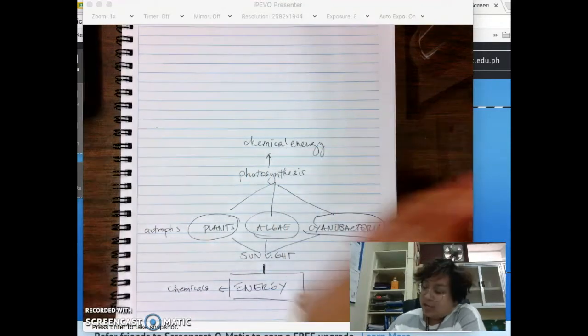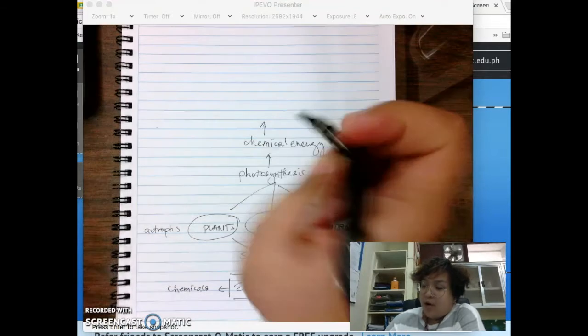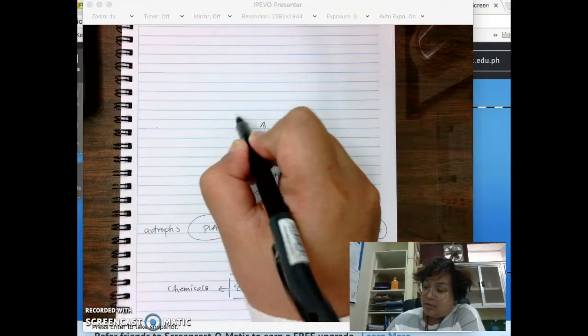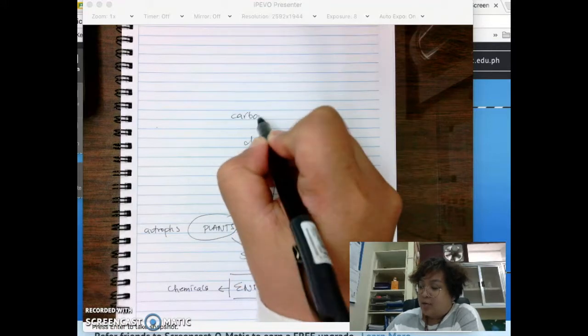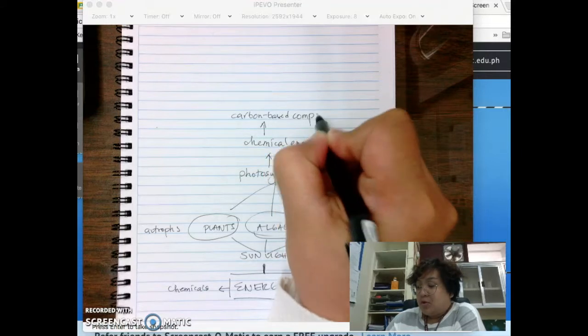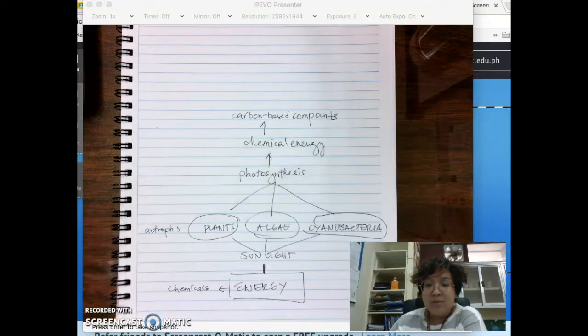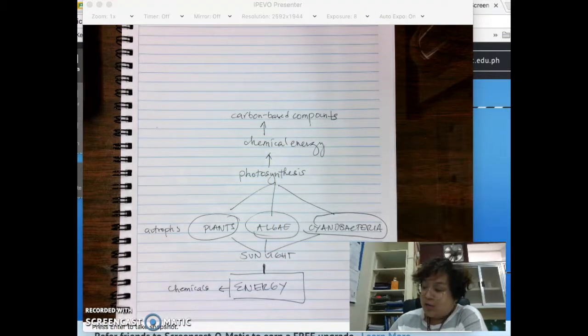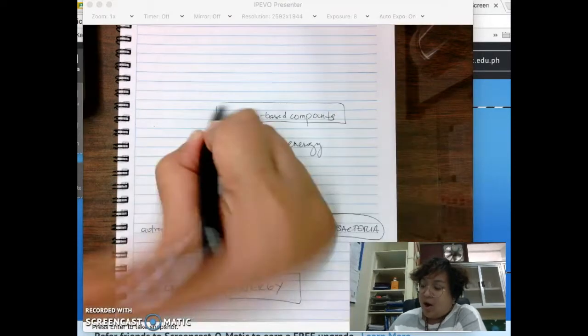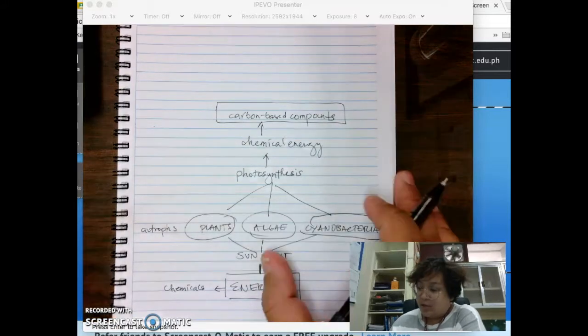This chemical energy is in the form of carbon-based compounds or molecules, such as carbohydrates, lipids, proteins, and nucleic acids. Now, these carbon-based compounds are the source of chemical energy for the organism.